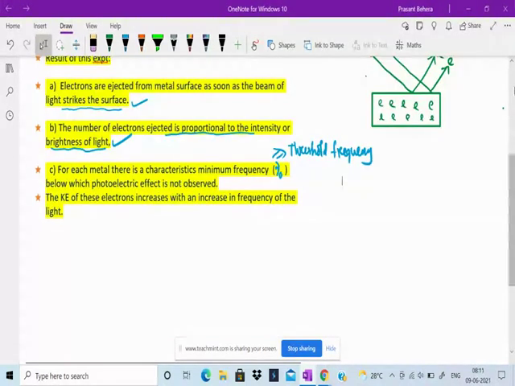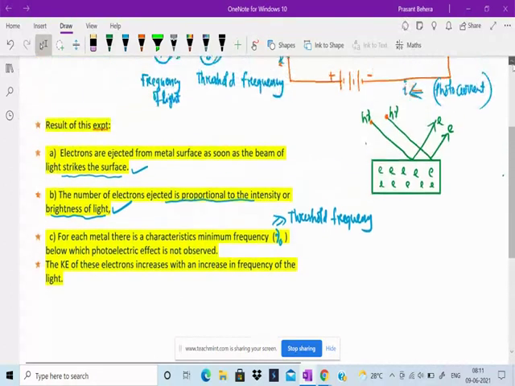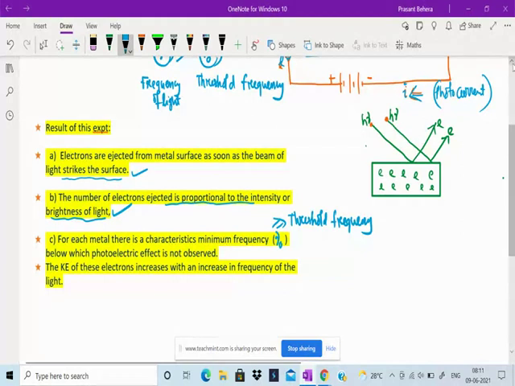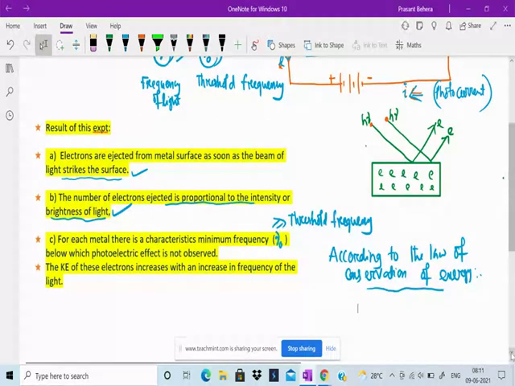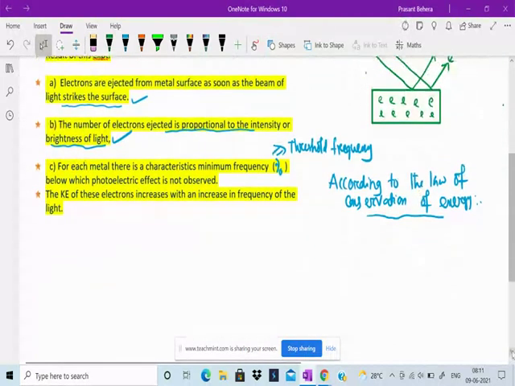According to the law of conservation of energy, the energy of incident light is equal to h nu.